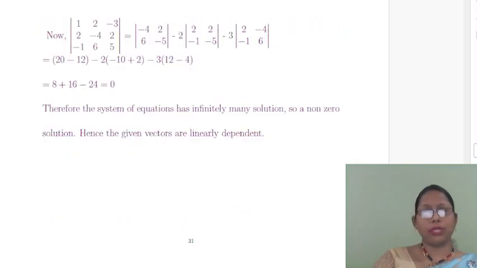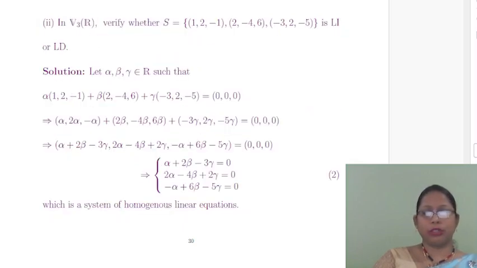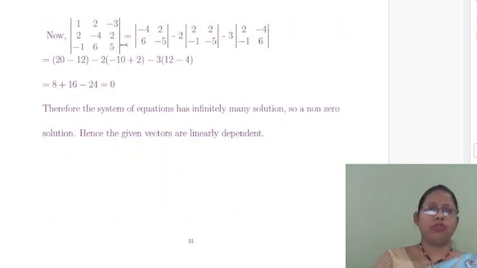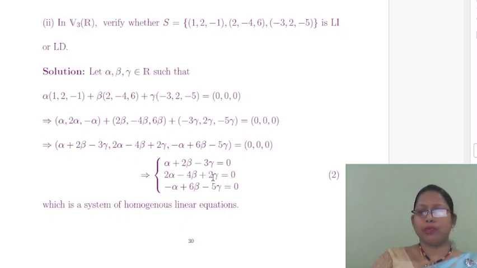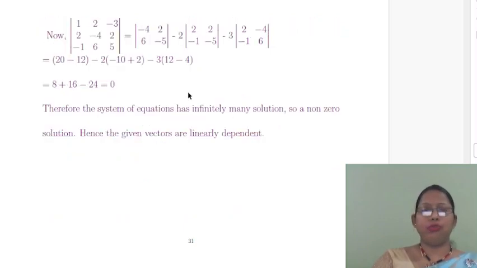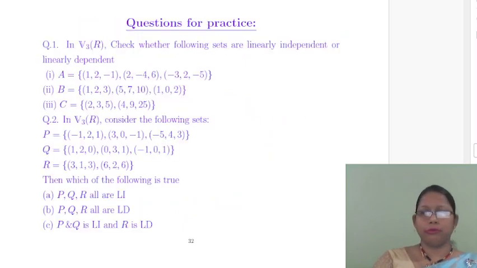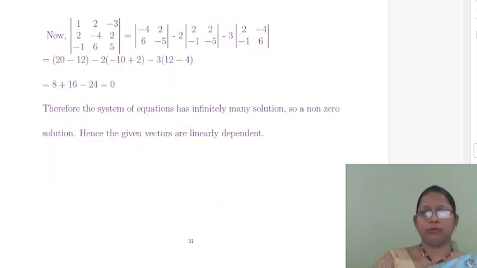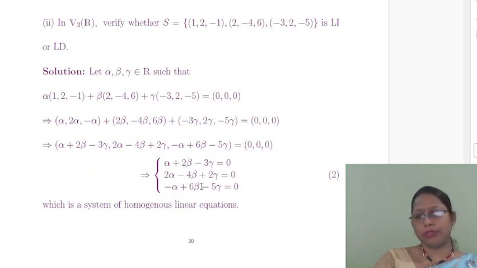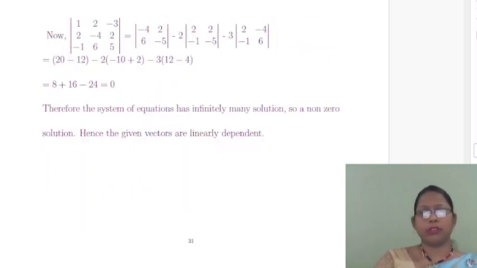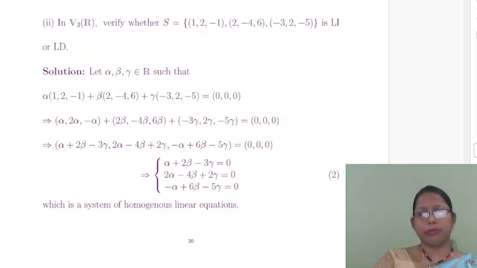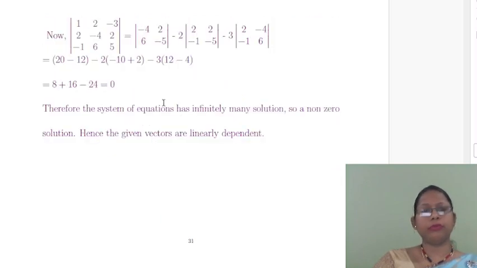So find the determinant of the coefficient matrix, that is, 1, 2, minus 3; 2, minus 4, 2; minus 1, 6, minus 5.